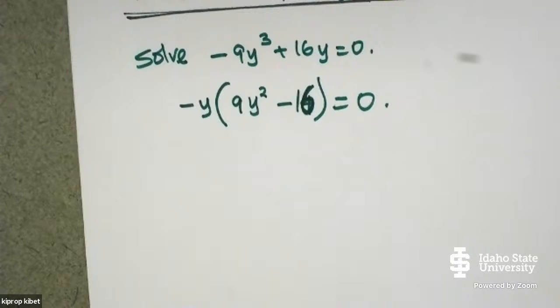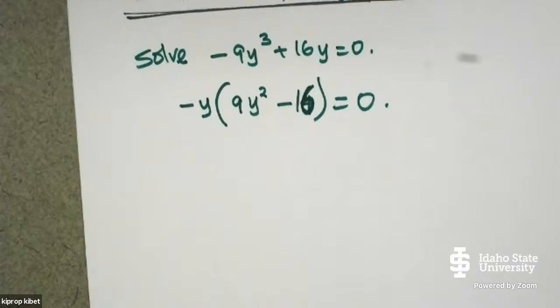So we can factorize this one again. That's good. So try to factor out negative if you are able to, and any other greatest common factor. So now you get that.